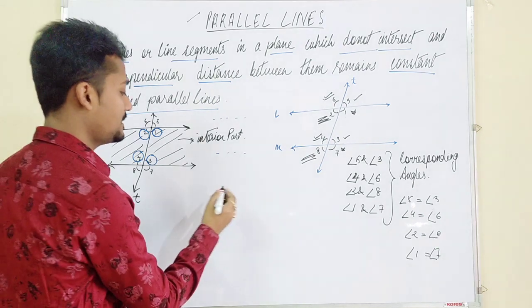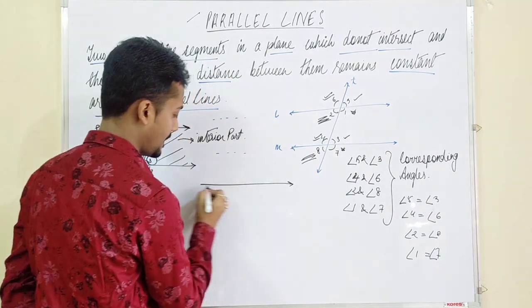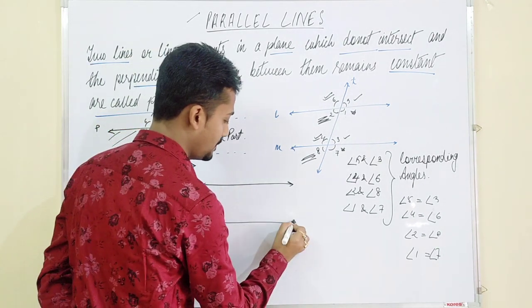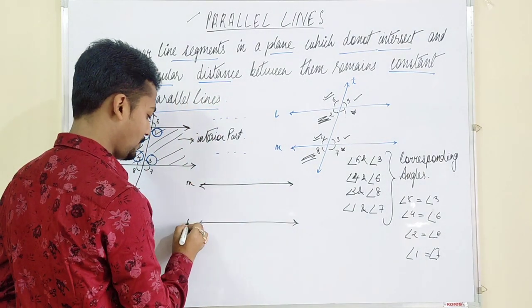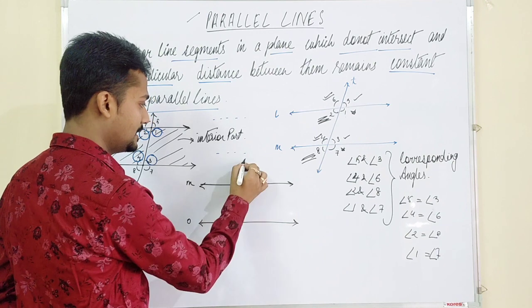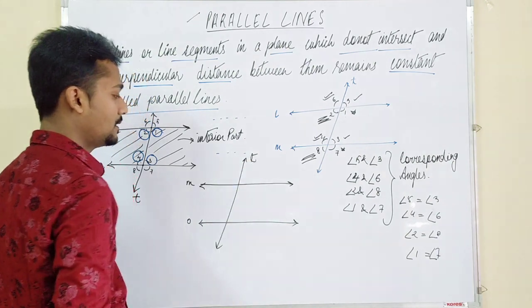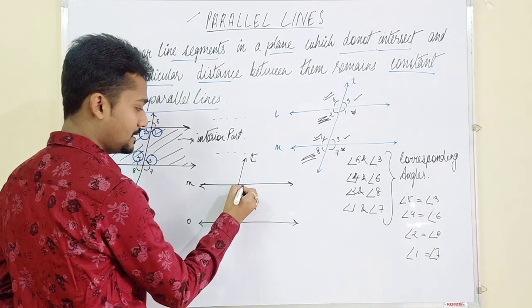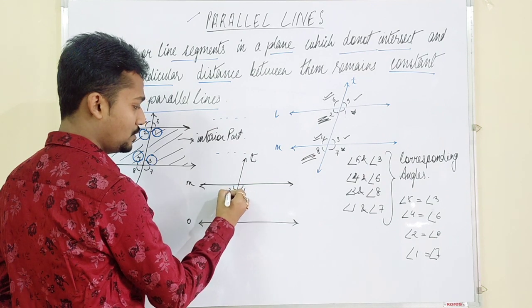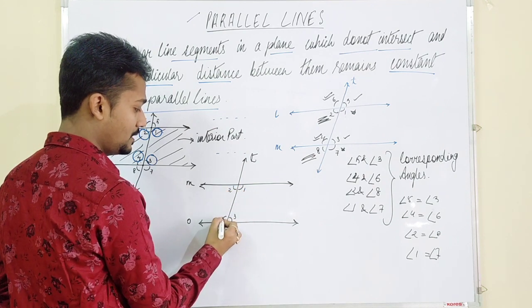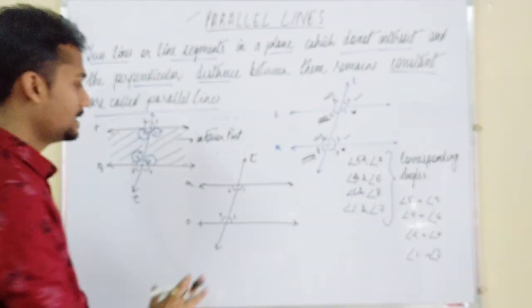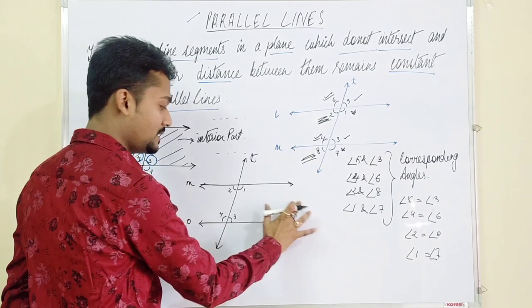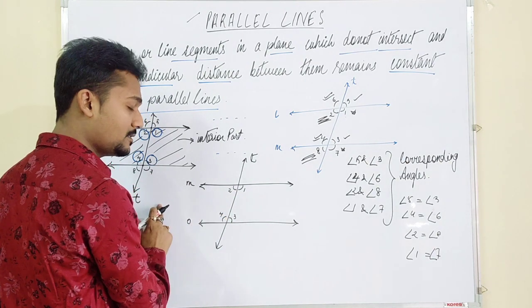Next, again I will draw a pair of parallel lines. Mark them as M and O and transversal T. Now let us see the angles 1, 2, 3, 4. The interior angles we will be seeing. This 1 and 3 will be known as co-interior angles, 2 and 4 will be known as co-interior angles.